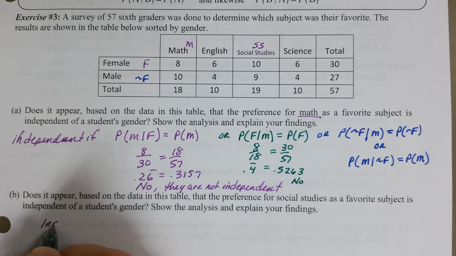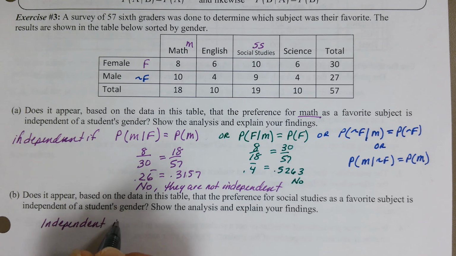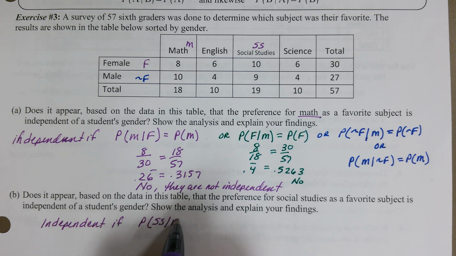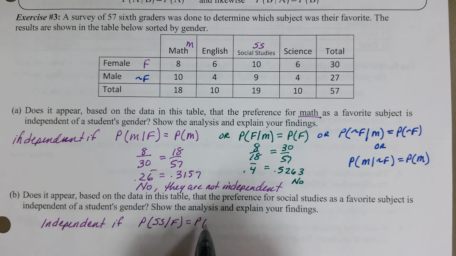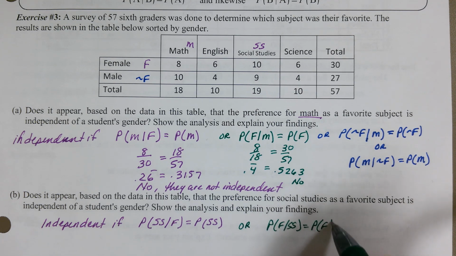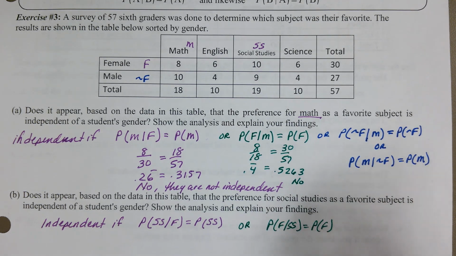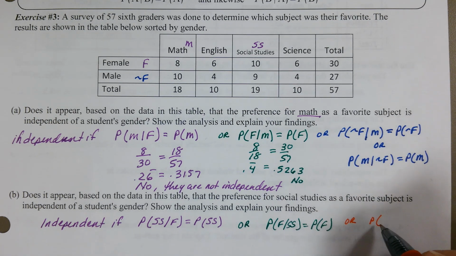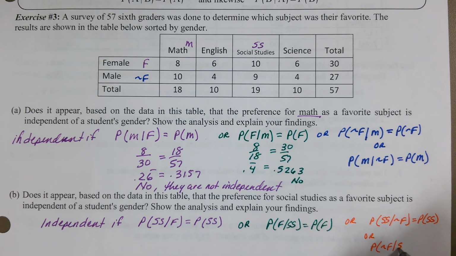We'll say independent if the probability of social studies given female would have to equal the probability of social studies, or the probability of female given social studies equals the probability of female, or the probability of social studies given not female equals the probability of social studies, or the probability of not female given social studies equals the probability of not female.